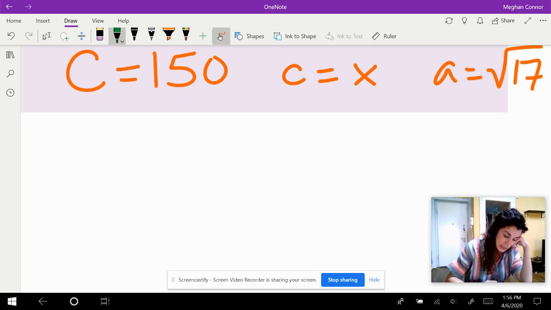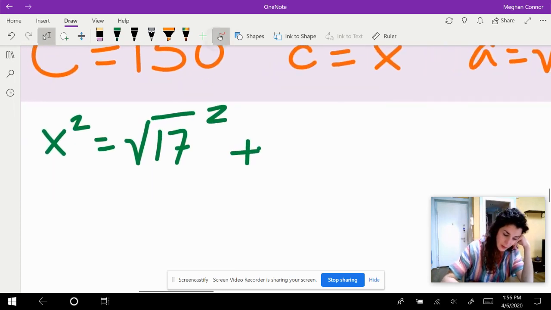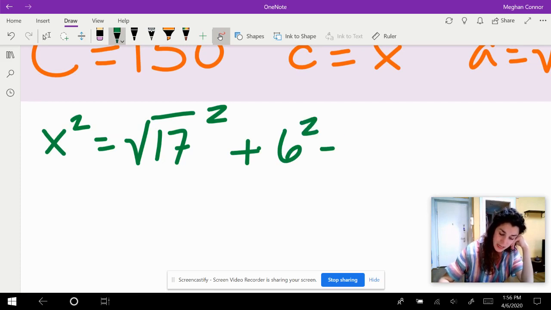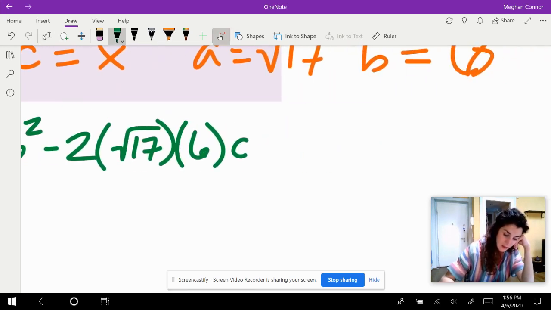Okay, c squared, so x squared equals a squared plus b squared, 6 squared, which kind of looks like b, minus 2 times a times b times cosine of c.